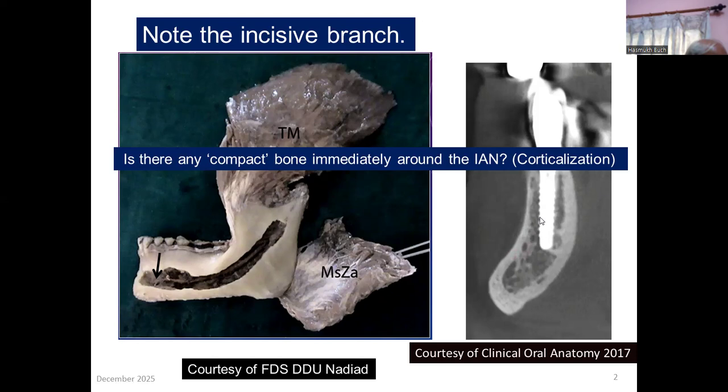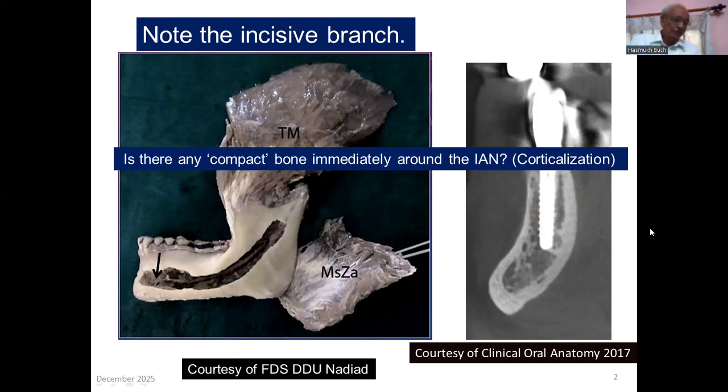And they should not be confused with the radiolucencies of the cancellous bone, which you find throughout here, because the compact bone is at the periphery, particularly. And the rest of the mandible in cross section is filled up with the cancellous bone.